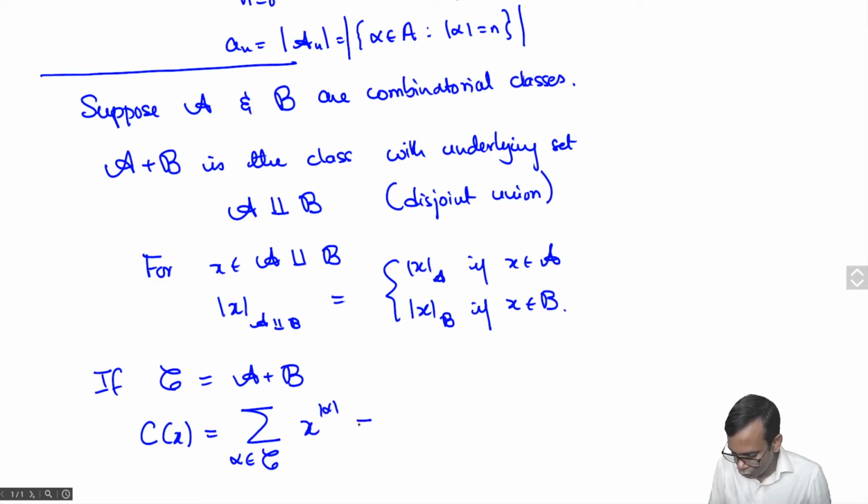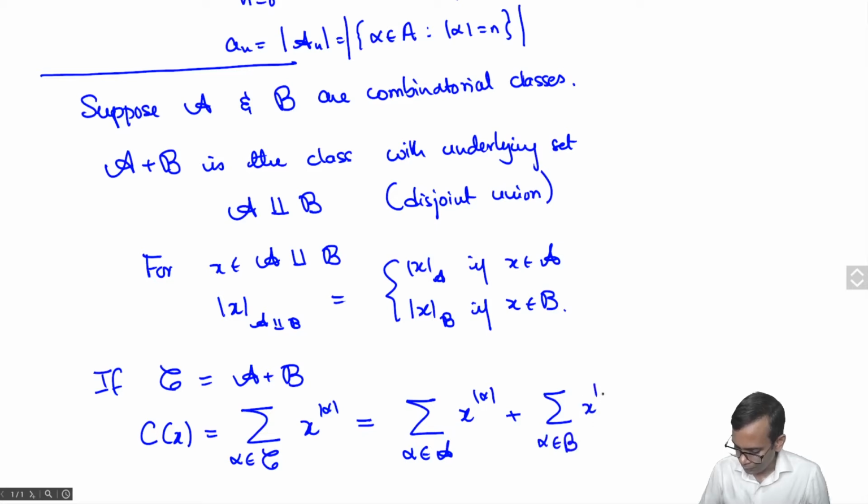But C is a disjoint union, so this is firstly the sum over alpha in A of x to the power size alpha, and then secondly alpha in B of x to the power size alpha, which is the same as B(x) plus A(x). So the generating function of the sum is the sum of their generating functions. So this is called the sum of the classes A and B.